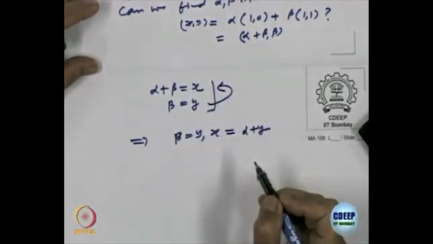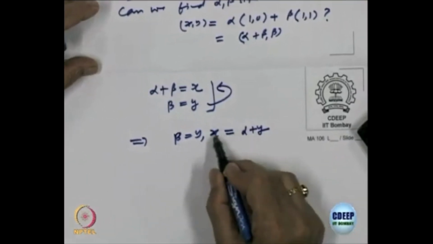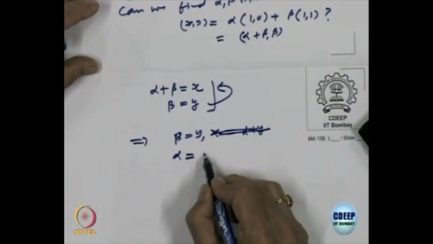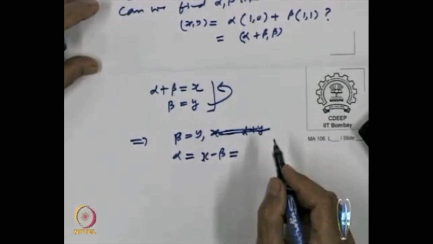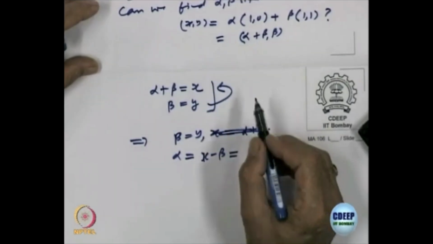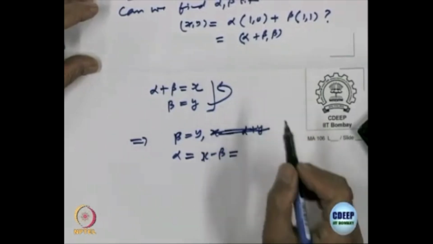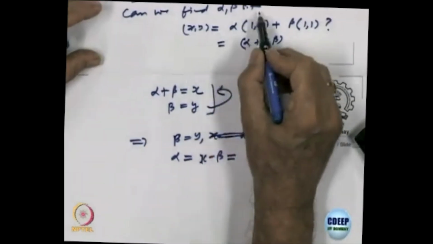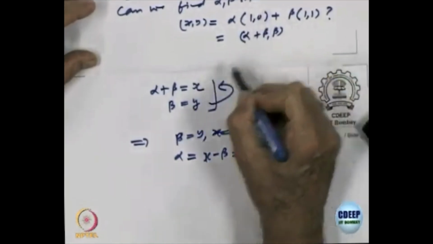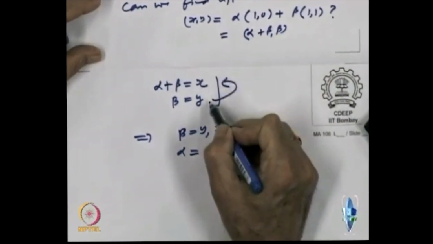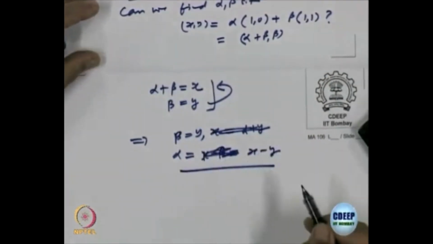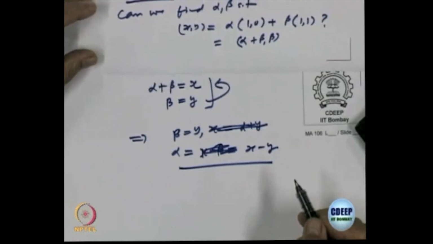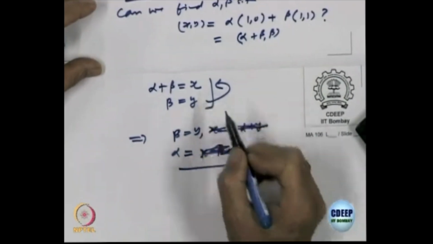So alpha is equal to x minus beta, that is x minus y. x and y are given to us, and we want to find alpha, beta, so I put beta equal to y back in the equation.